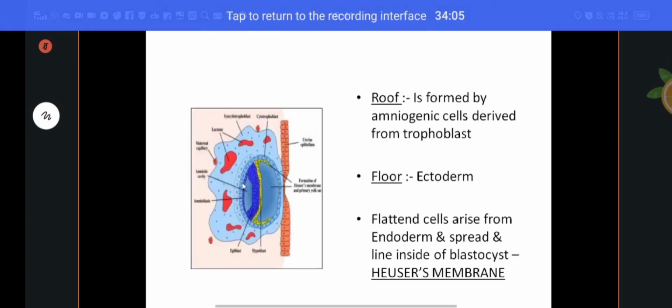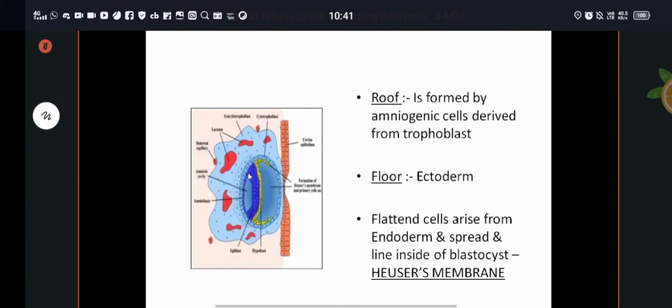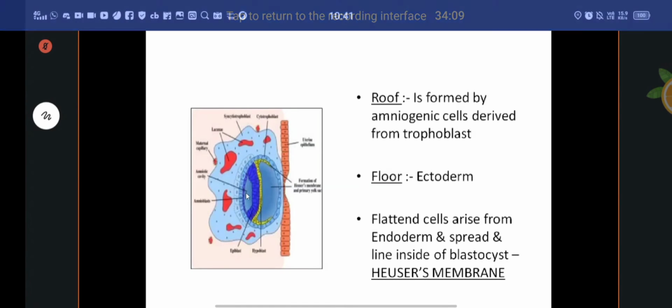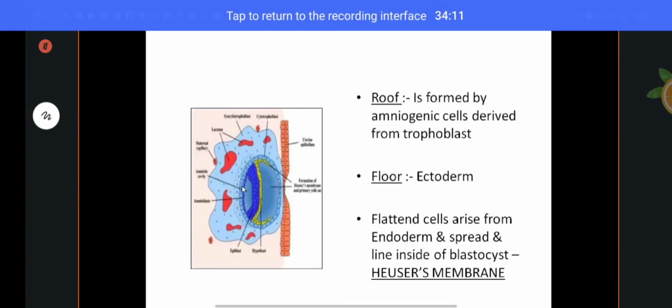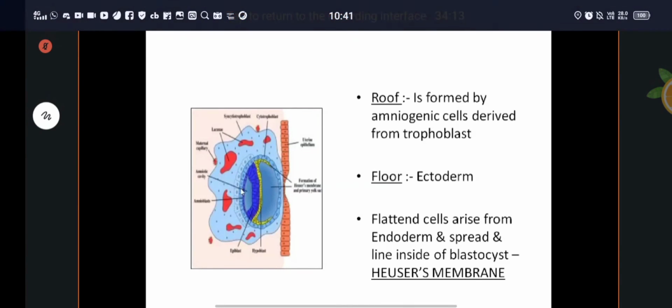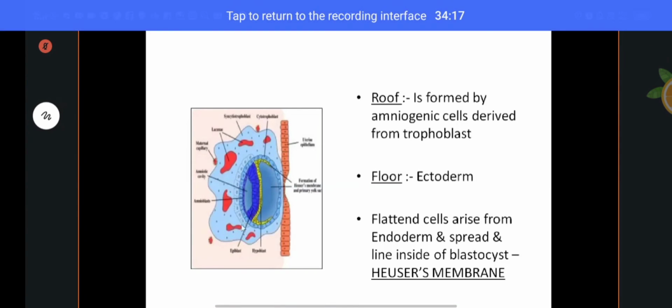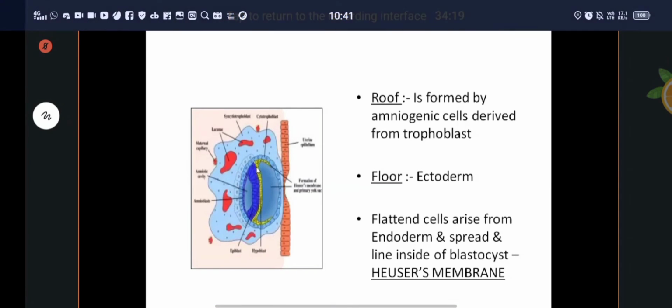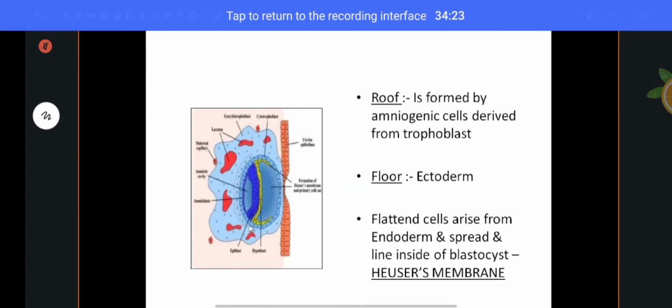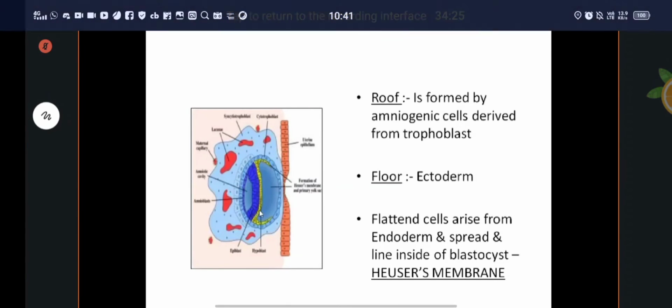The roof is formed by amniogenic cells which are derived from the trophoblast, whereas the floor is formed by the ectoderm or epiblast.